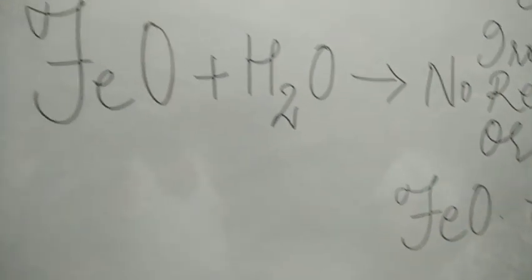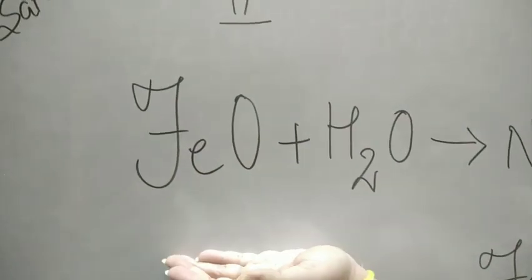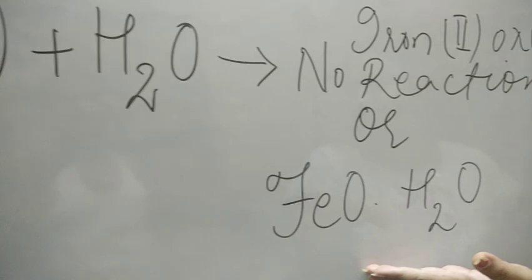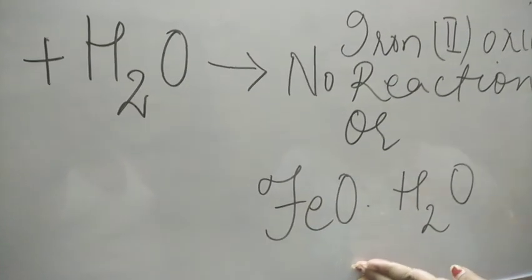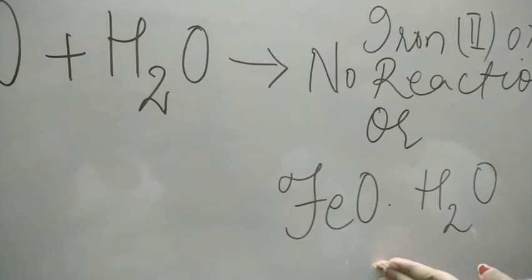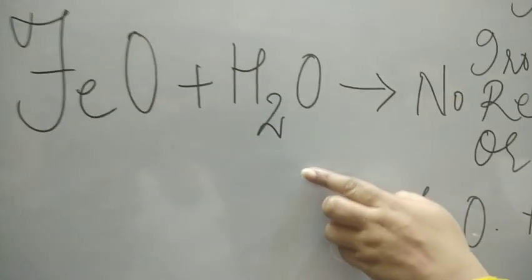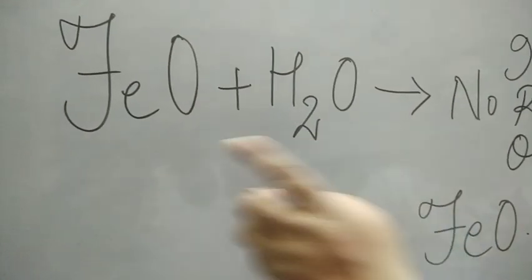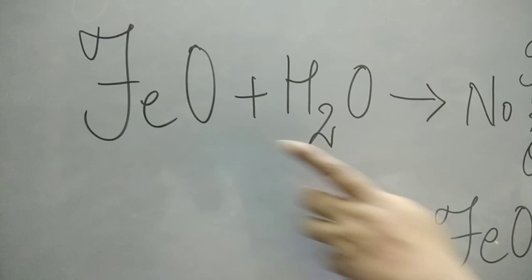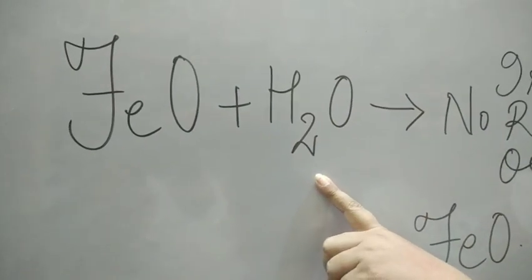No reaction means whatever is on the left hand side will be exactly the same on the right hand side. The question arises, why ma'am? Why does iron oxide not react with water? Because iron oxide is insoluble in water.